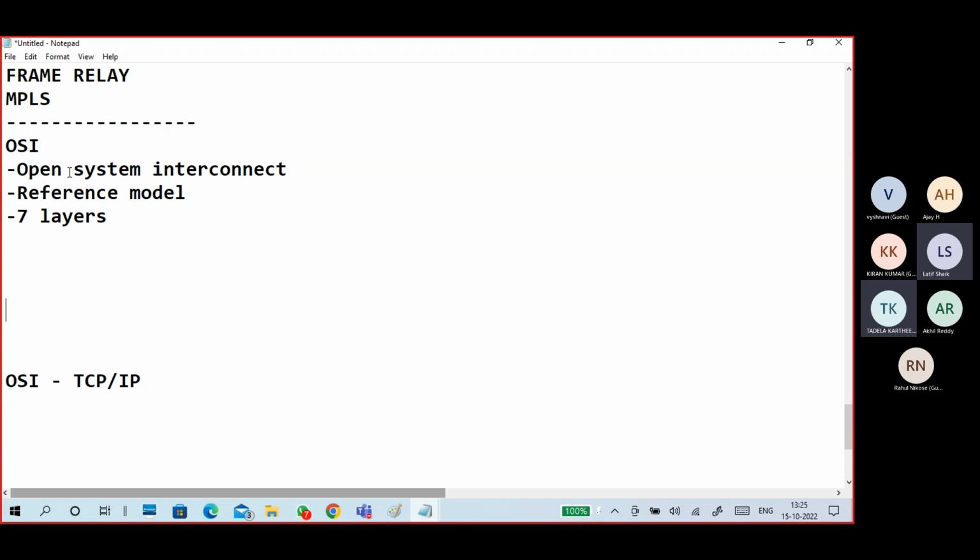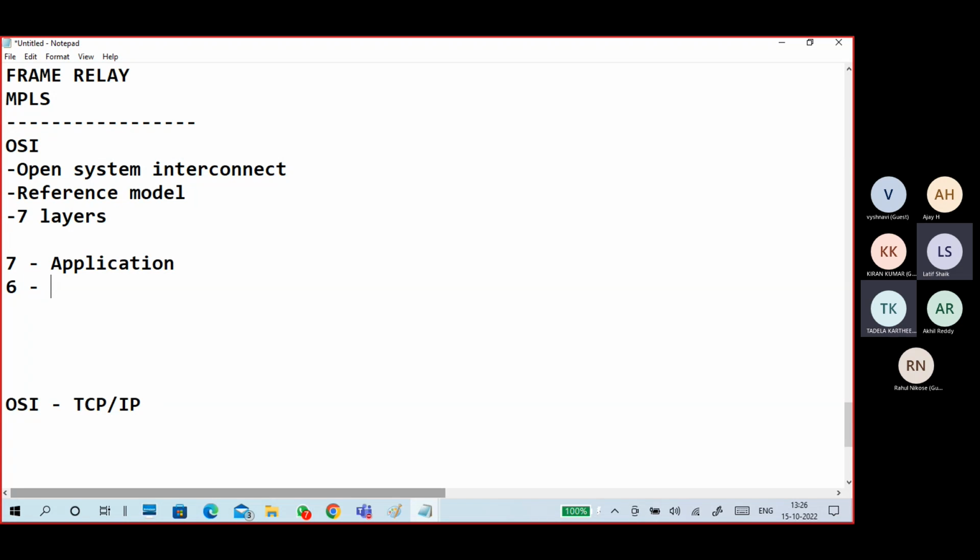See that one. The seventh layer is the application layer, which deals with the protocols, port numbers, and application part, means web browsers, web servers, Outlook mail clients, and Exchange mail servers.